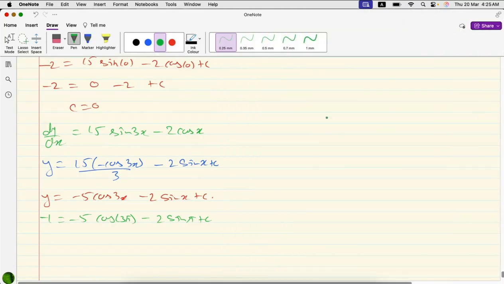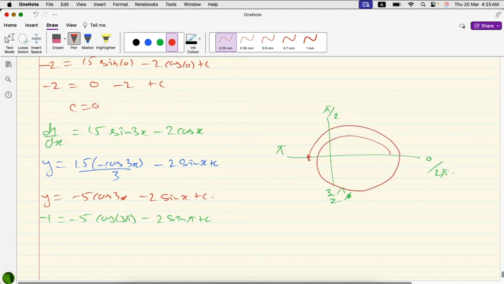we can see either I use the curve or I use the calculator. See, that's 0, pi by 2, that's pi, 3 by 2 pi, and 2 pi. So definitely this is going to be 2 pi and then another round, that's pi. So I can see it from here. Sine pi is 0, and this part becomes 0, that's c.